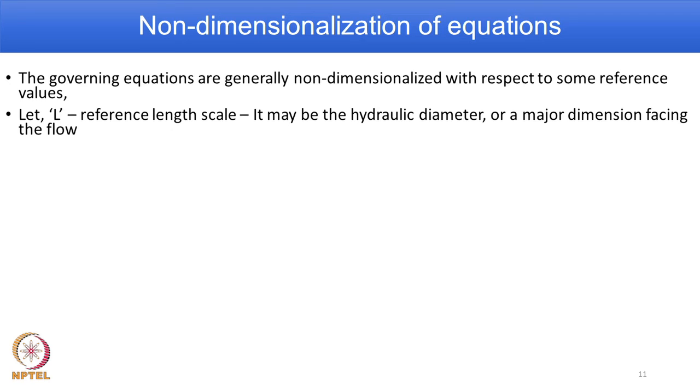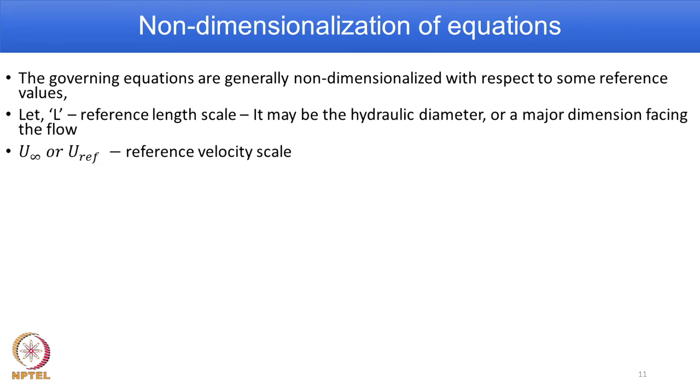If you consider flow through a rectangular cross section pipe, then the hydraulic diameter, which is defined as 4A by P, where A is the area and P is the perimeter, can be a length scale. If you consider flow over an aerofoil, the chord length can be a length scale. So, one needs to identify which is the major influencing length scale in a problem. It may vary from problem to problem.